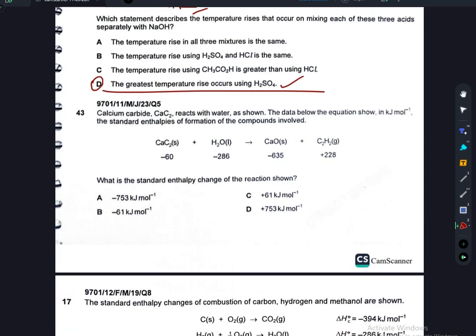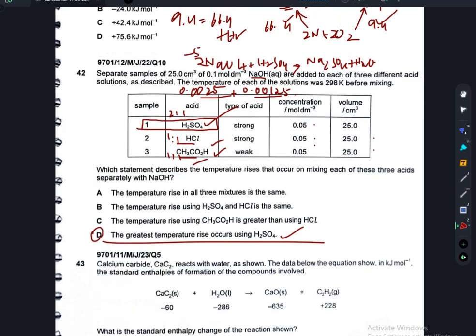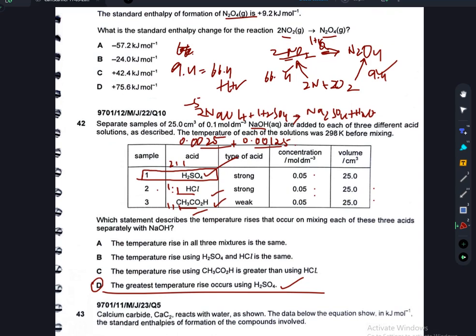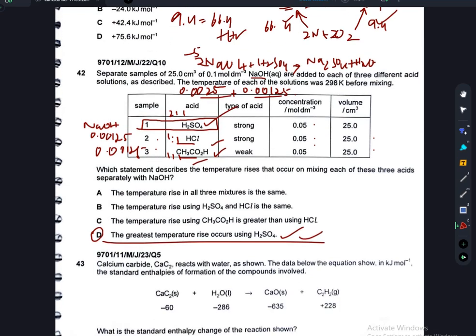Another reason why D is correct is because HCl and acetic acid would react with only 0.00125 moles of NaOH, so this would produce a lower amount of energy compared to H2SO4. So the rise and the gradient of increase must be greater for H2SO4 because HCl and acetic acid are limiting here. So D is your right answer.